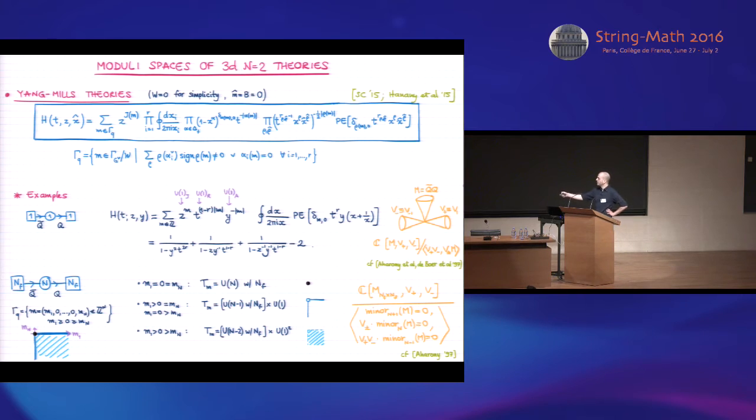In particular, if you consider U(N) theory with N_F fundamental flavors, then the sublattice is actually only two-dimensional rather than N-dimensional, as it would be in the N=4 case. But you can compute the Hilbert series using this formula.